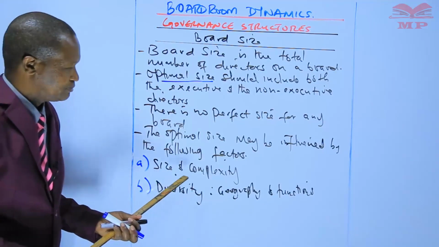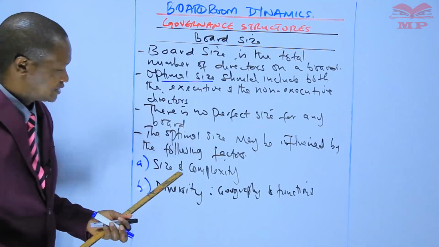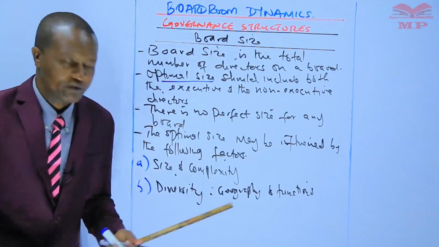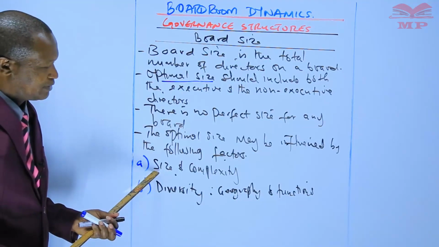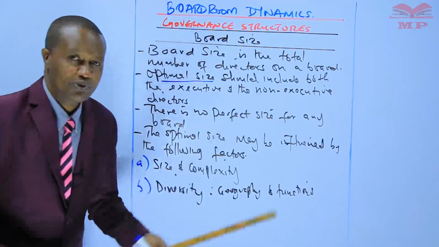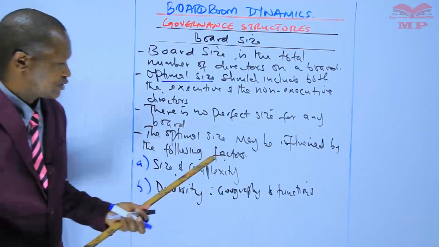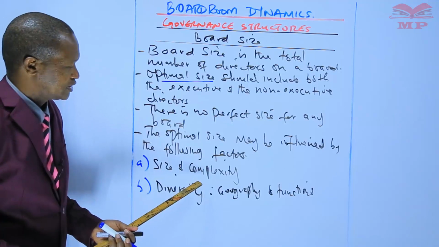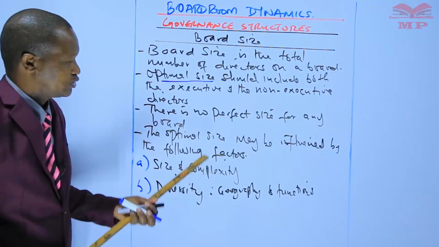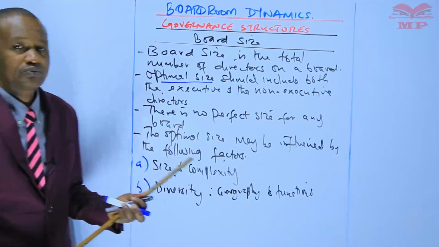But if it is a large business that has high turnovers, sells its products to a wide range of people, has many managers, many functions and many employees, and the business is complex, then the number of directors who will sit on that board cannot be compared to those of a small organization.